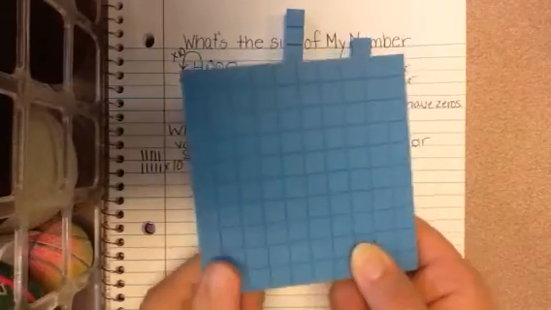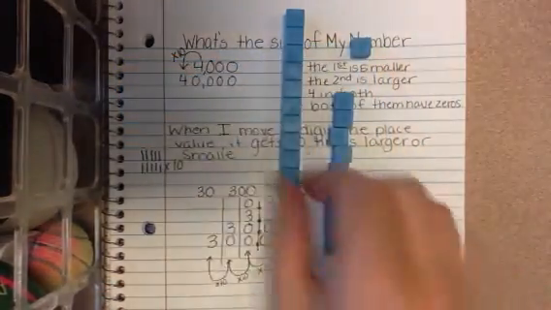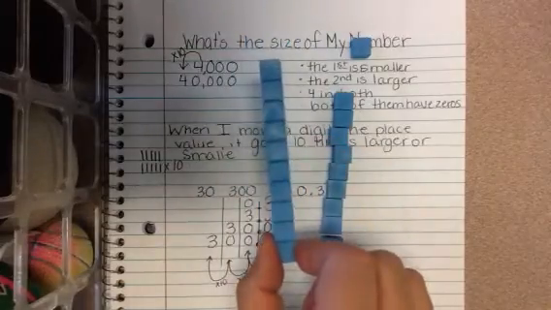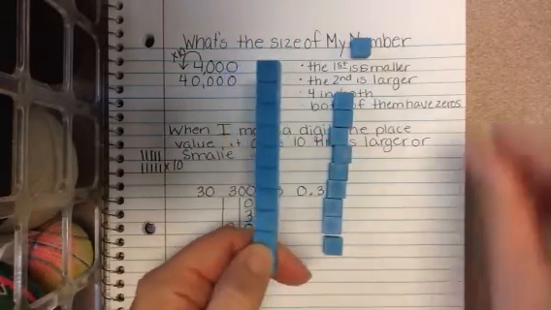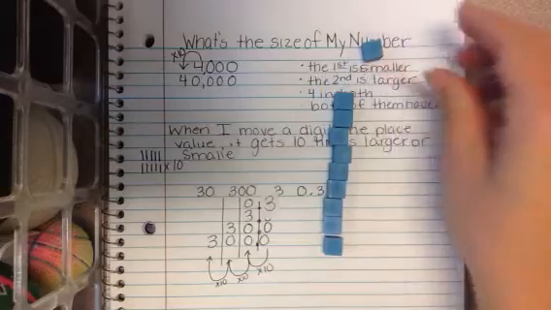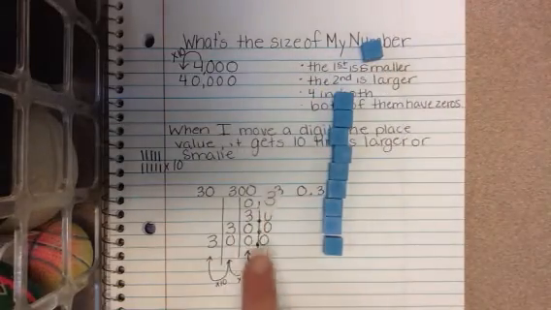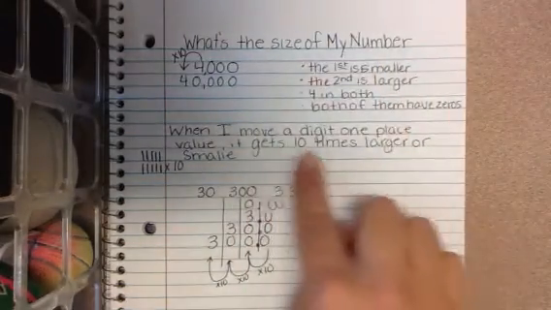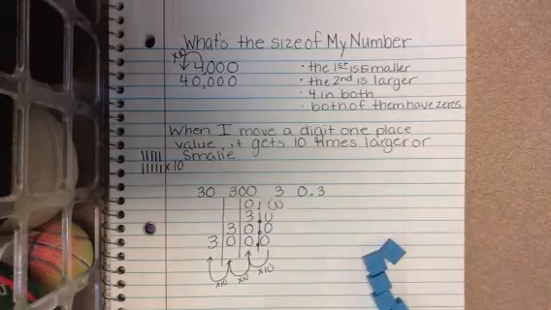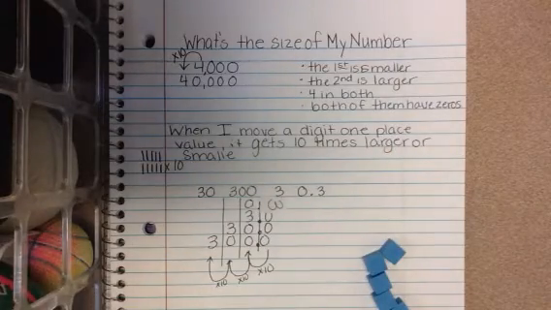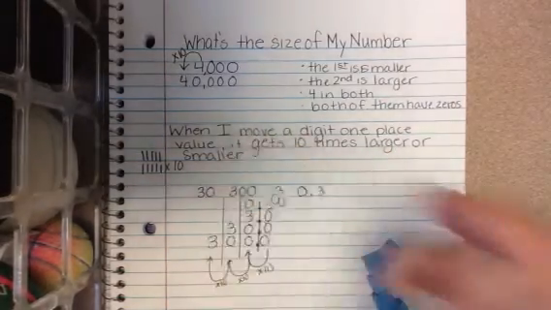This flat, 100, there's 100 of these here, divided into 10 parts gives me one of these. One of these divided by 10 gives me this one. So every time I move from a place value, I am either getting 10 times larger or smaller.